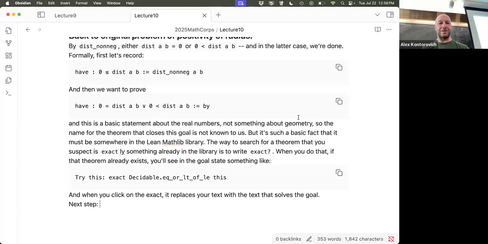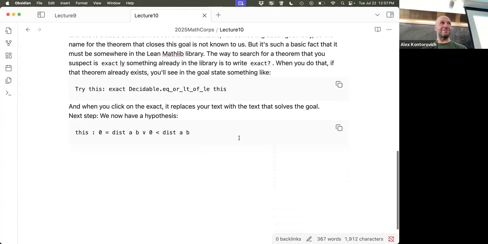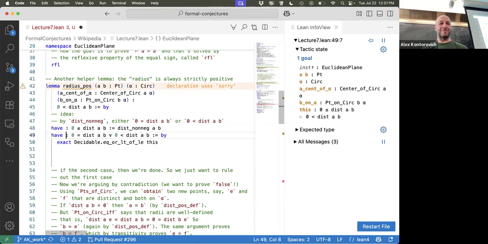So let's just record that. We now have a hypothesis that's called this. Should I give it a name so that it's not this? Yes? Ian, what name should we give it? Any options?